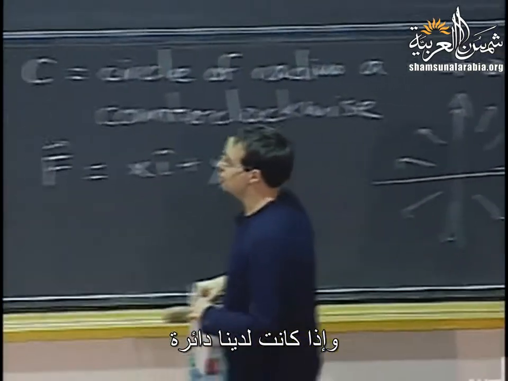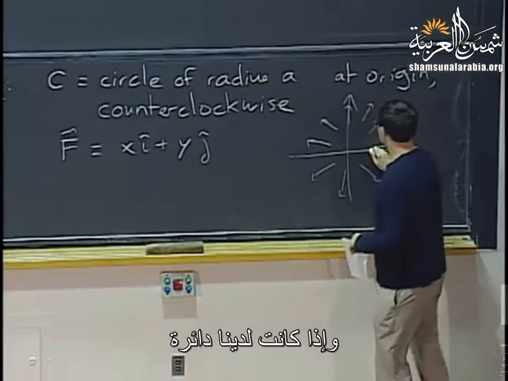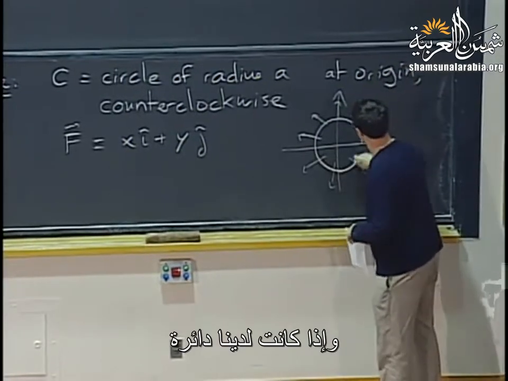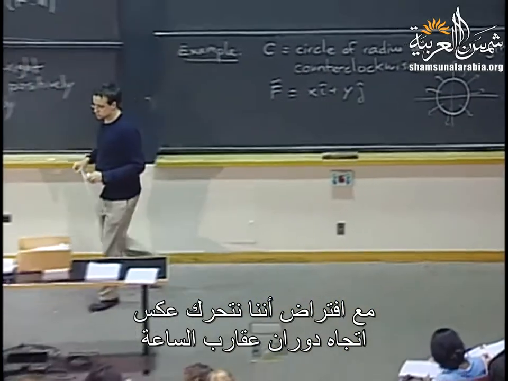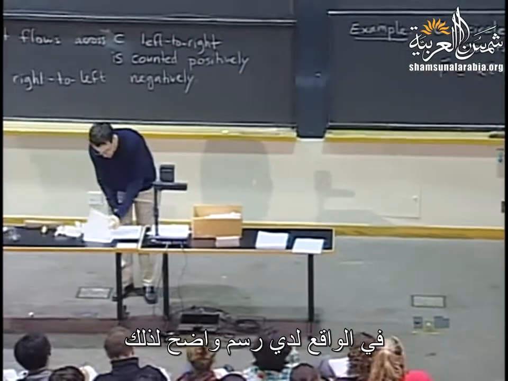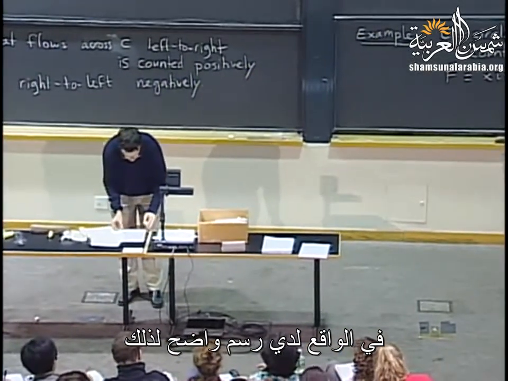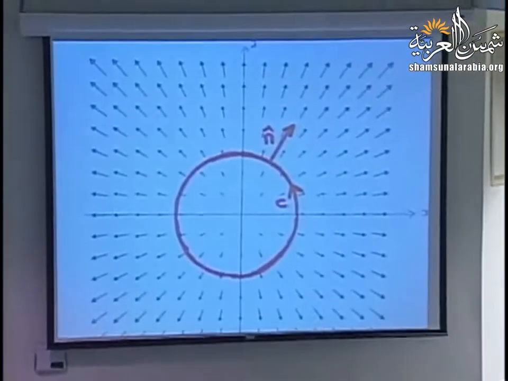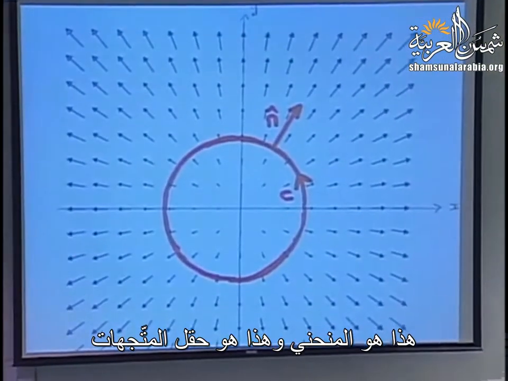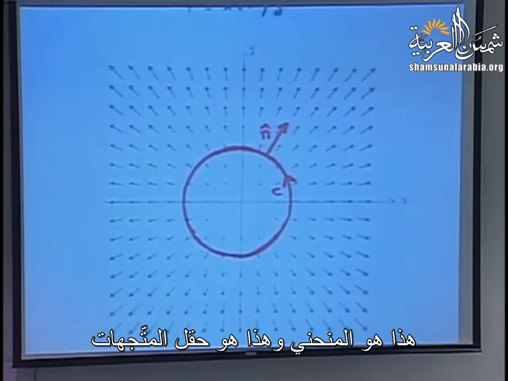So now if we have a circle, and we're going counterclockwise. Actually I have a nicer picture, so let me do it here. Okay, so that's my curve and my vector field.